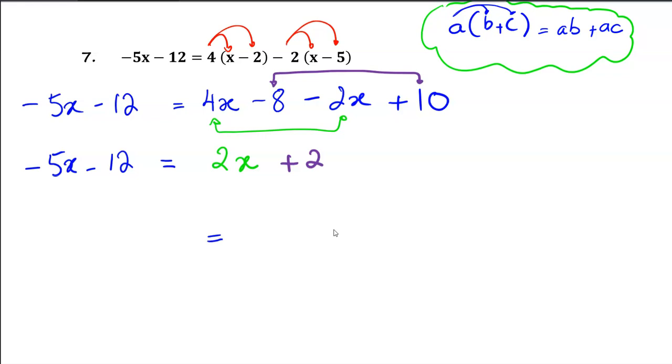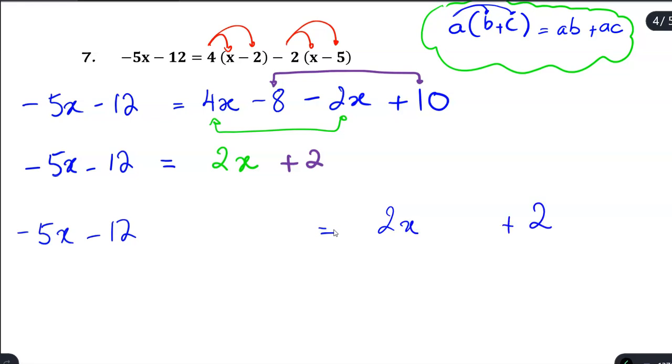Okay, so let me give myself some space. So if I rewrite my equation like this, you want to give yourself some space, so that means you are planning ahead. All right. This is the exact same equation that I wrote, but I give myself some space because I know that I will perform some operations here.